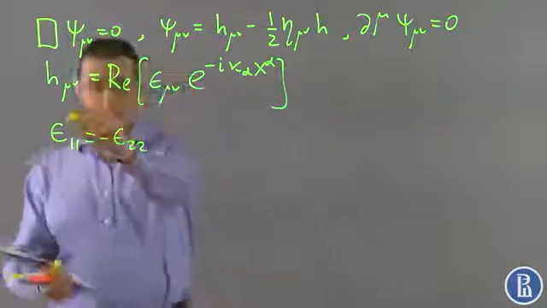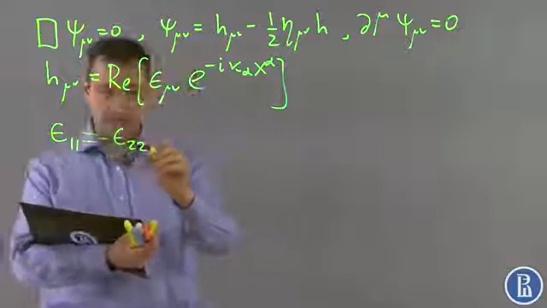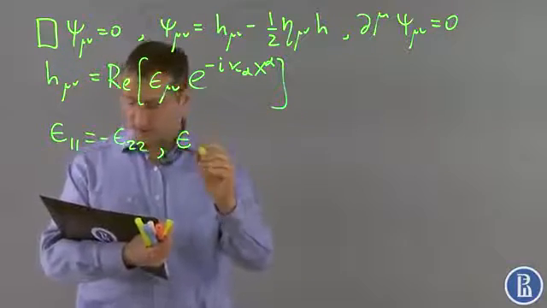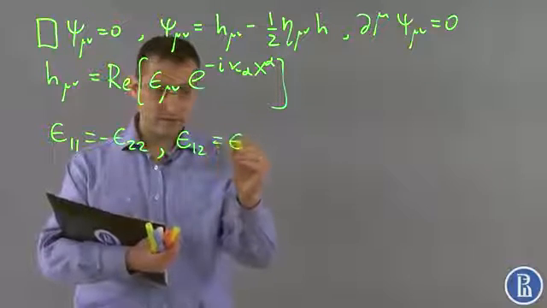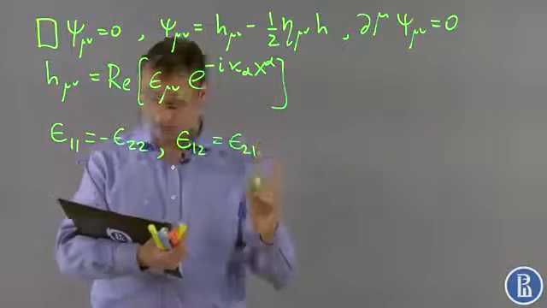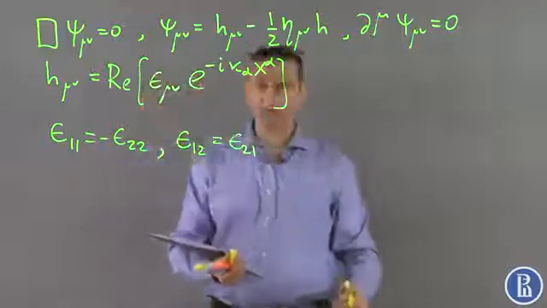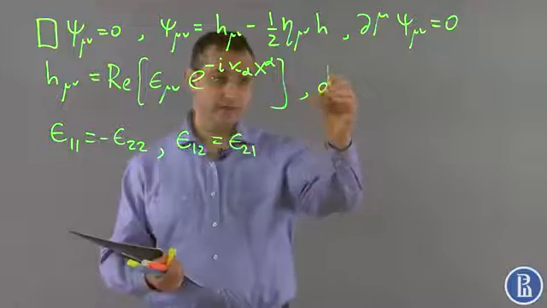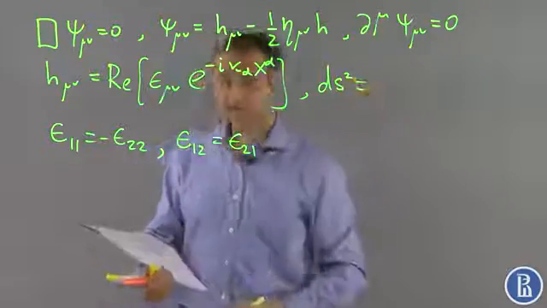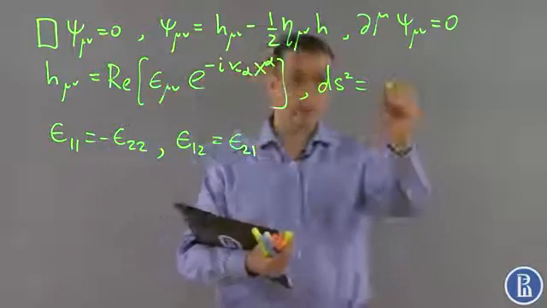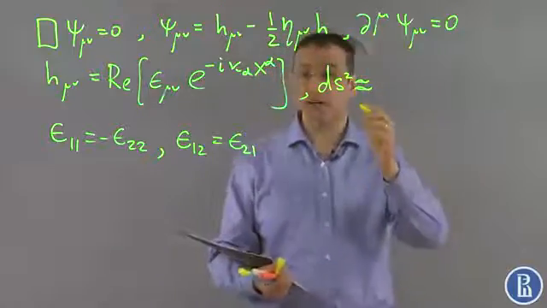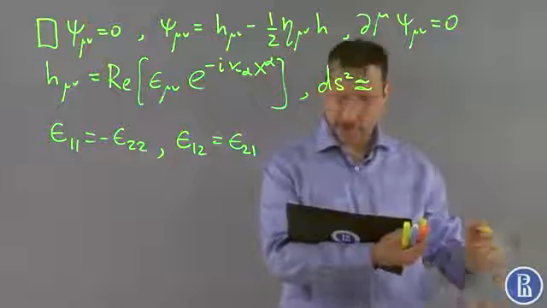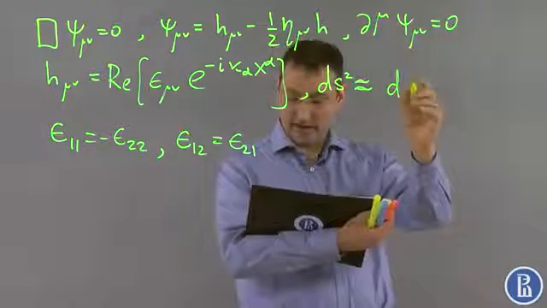We do not use a bar on top of epsilon, so we consider already the concrete gauge and omit the bars. As a result, we have the following situation, that the metric for these gravitational waves has the following form. So it's a linearized solution of Einstein equation. These are linearized approximations to the Einstein equations in the vacuum.